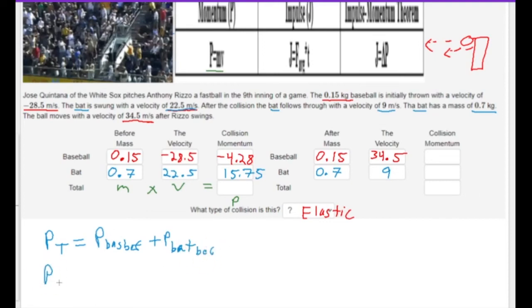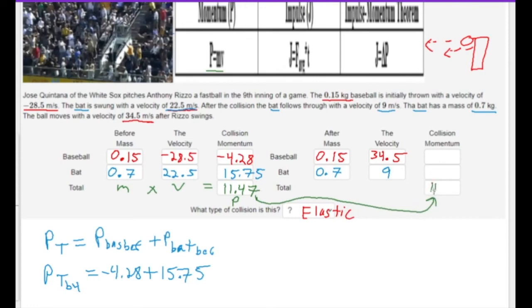So if we do that, we find out that the total momentum before, B4, is equal to negative 4.28 plus 15.75. And if I plug those two things into my calculator, I end up with a total momentum of 11.47.